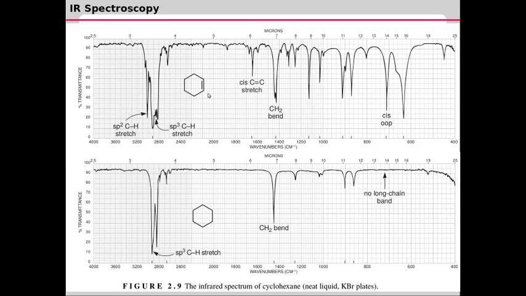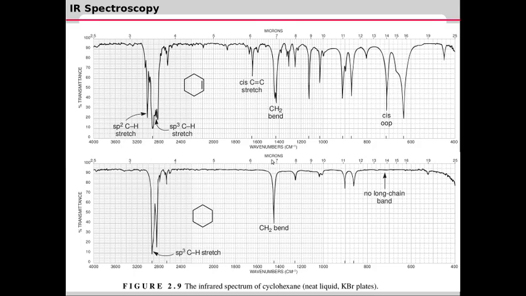This one is again the spectrum of cyclohexane, which we have seen in the last slide. Compare this spectrum with the case of simple cyclohexene. So you can see the difference. You don't see any band due to sp2 hybridized carbon hydrogen stretch here, but you see a band system due to the stretching vibration of the carbon hydrogen bond of the sp3 hybridized carbon, such as the one here. And again, you don't see any C double bond C stretching vibration in the case of cyclohexane, and you can guess why: because there are no C double bond C bonds here.